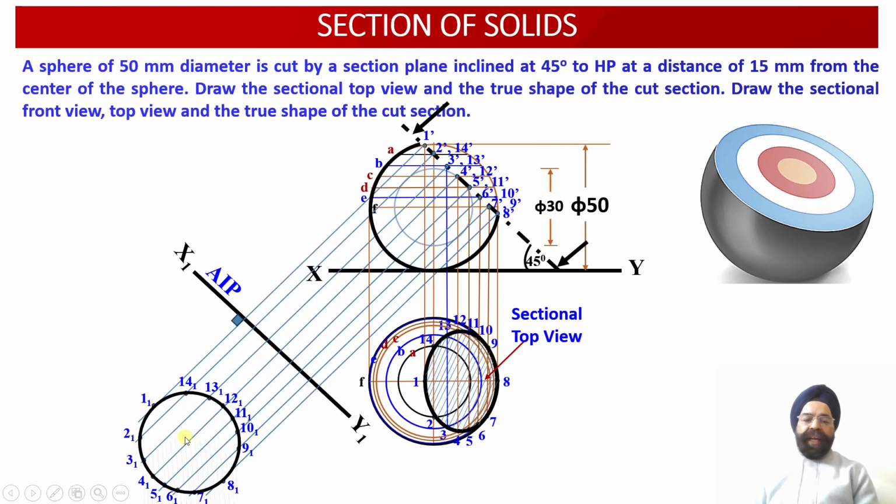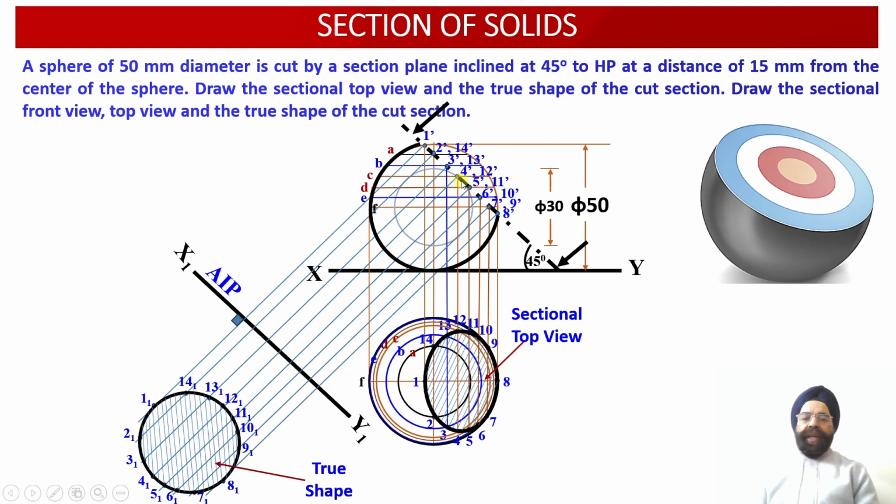So having obtained the true shape projection of the cut section, we have carried out the sectioning and we have marked this shape as the true shape projection of the sectioned sphere, which has been cut by an auxiliary inclined plane at an angle of 45 degrees with respect to the horizontal plane at a distance of 15 millimeters from the center of the sphere over here.